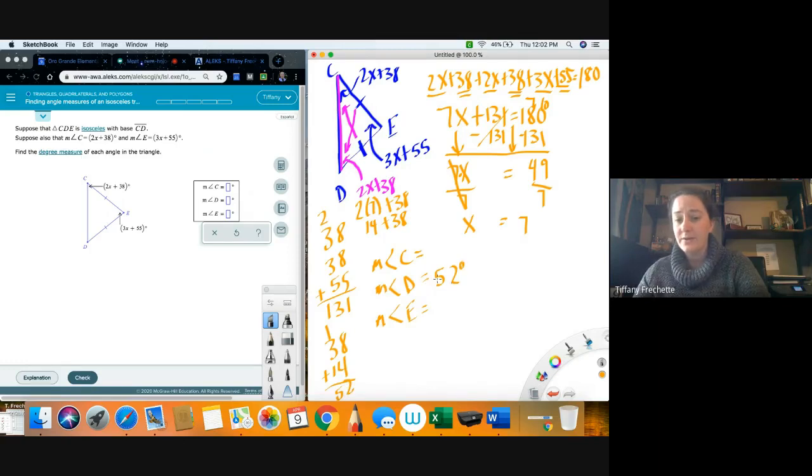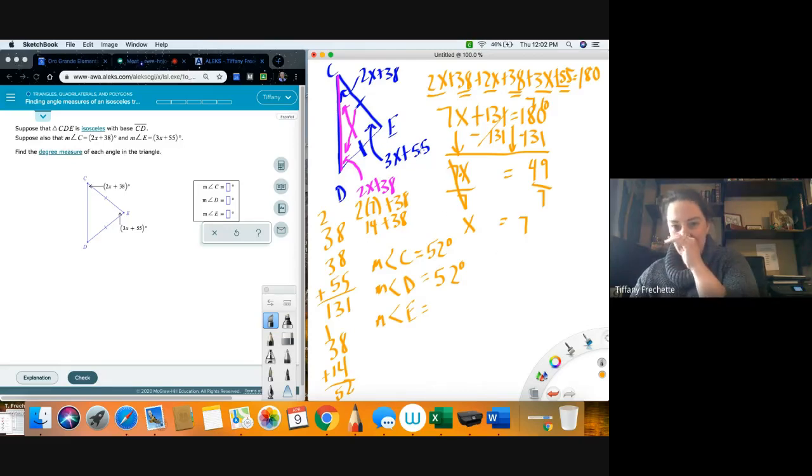So 52 degrees for angle D. Remember, angle D, that was that crisscrossy thing. So angle D is also equal to angle C. C should also be 52 degrees because they're the exact same thing. 2x plus 38, 2x plus 38. I don't have to plug that in twice to check it. If I get different numbers here, that means that I multiplied and added differently on these two. So there should be no way to get different numbers on those.